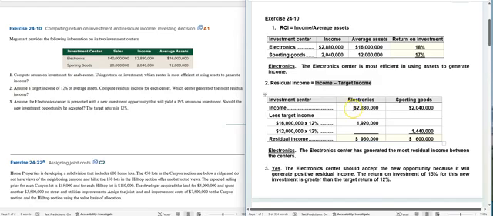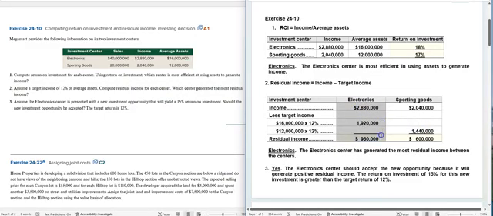So if we take each center's income and then subtract the target income, the target income is going to be the amount of the assets times their target income, which is 12%. Multiply that out. 16 million times 12% and 12 million times 12%.